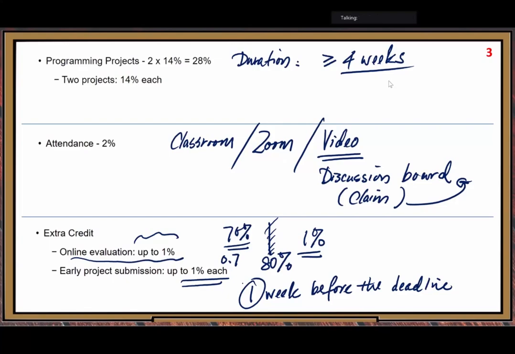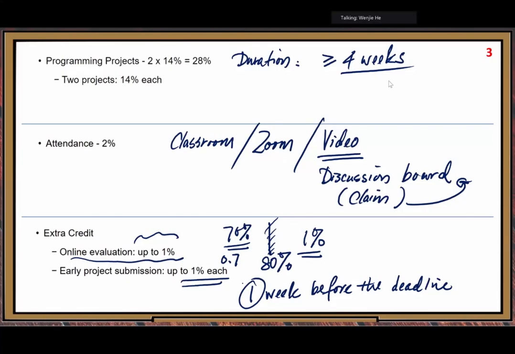Because some students before, in order to earn the extra credit, missed a few key, important features. Then you are not qualified. So make sure you complete all the features before you submit it.